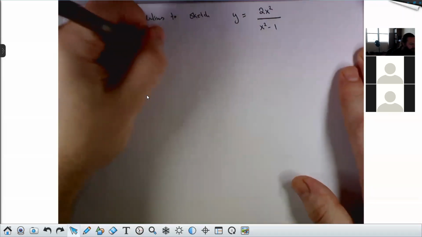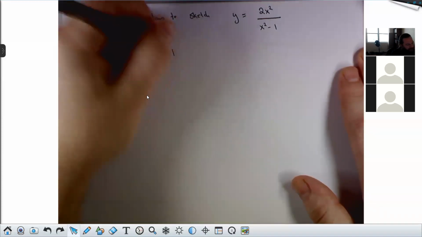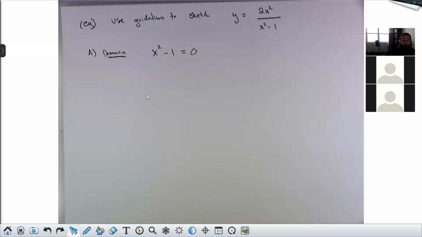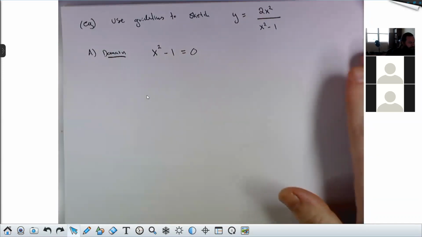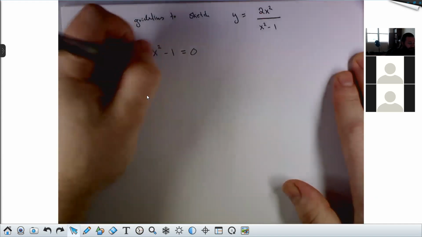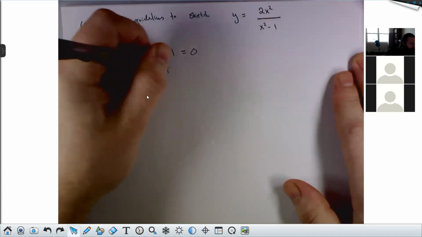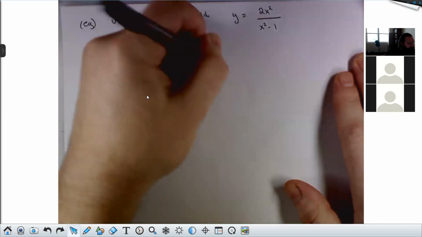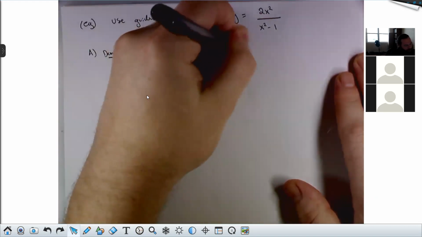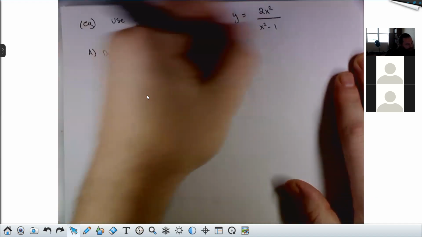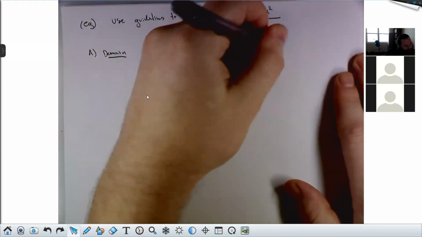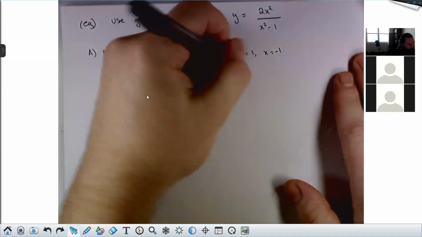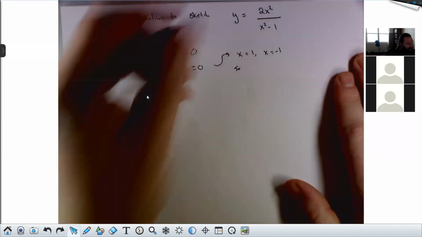That's not allowed to be 0. And I know that's where you're getting that. But if I set up this equation and solve it, I'm actually going to find 2 numbers that are problematic. Plus or minus 1. Yeah, exactly. We can do this by factoring or by adding over and taking square roots. Either way is fine. So you get here the 2 solutions, x equals 1 and x equals -1, making the bottom 0. So x cannot be either of these.